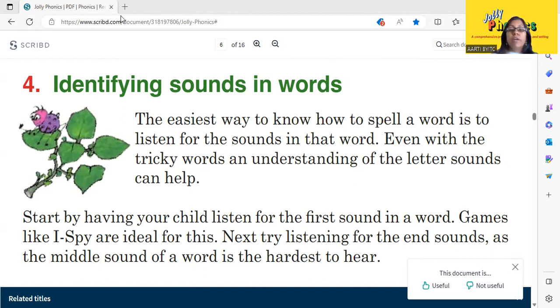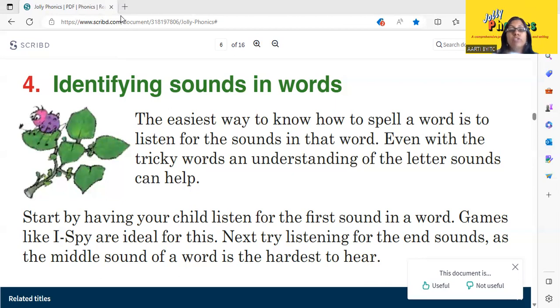Because if I read letter U, the sound of letter U is a. So here I cannot read with the help of letters. I can read only with the help of sound. So my idea is, when you are reading, use sounds of the letters in that particular word.